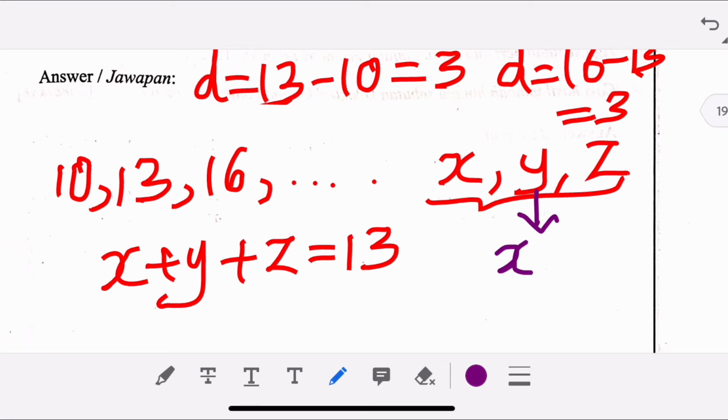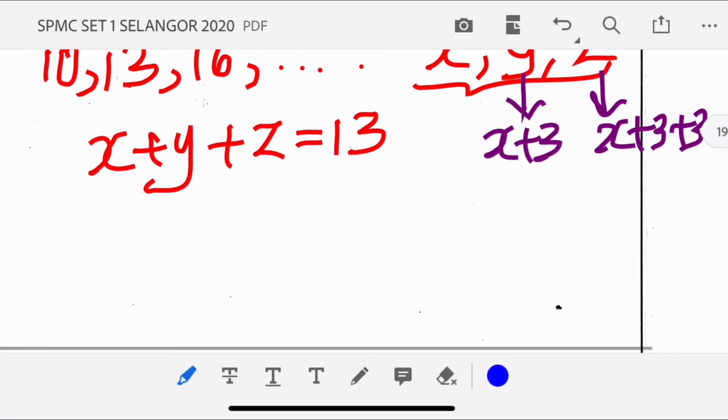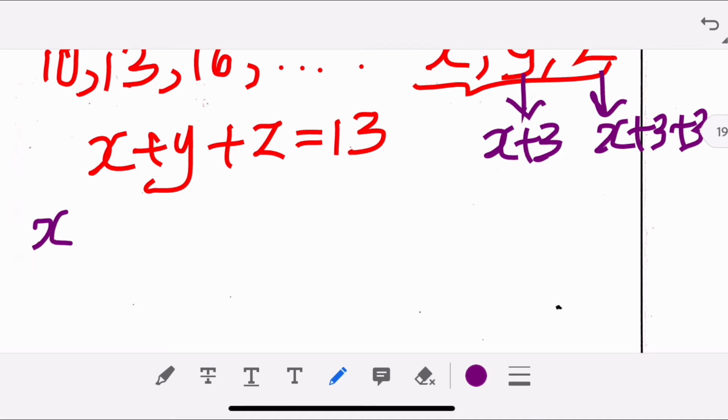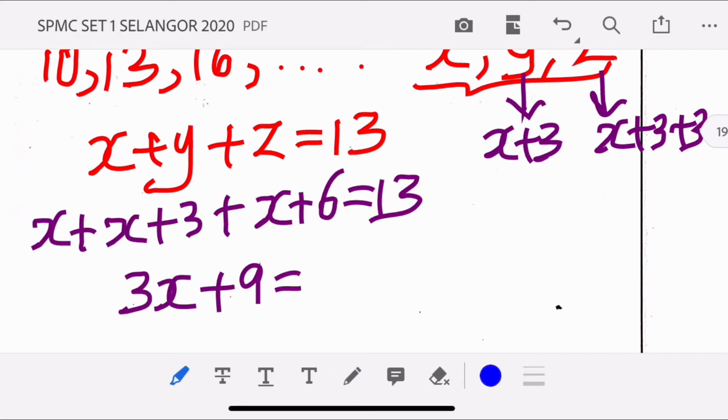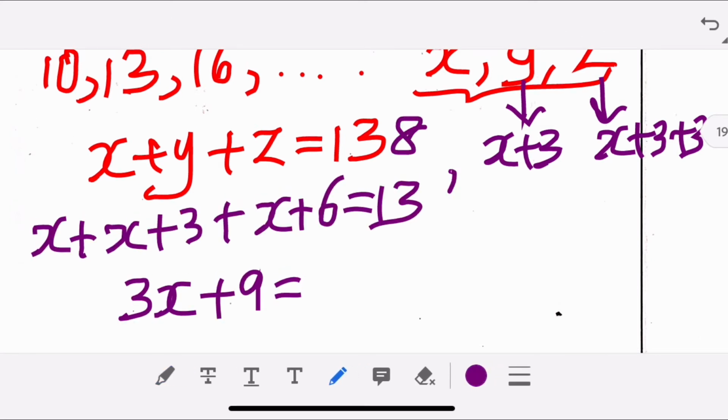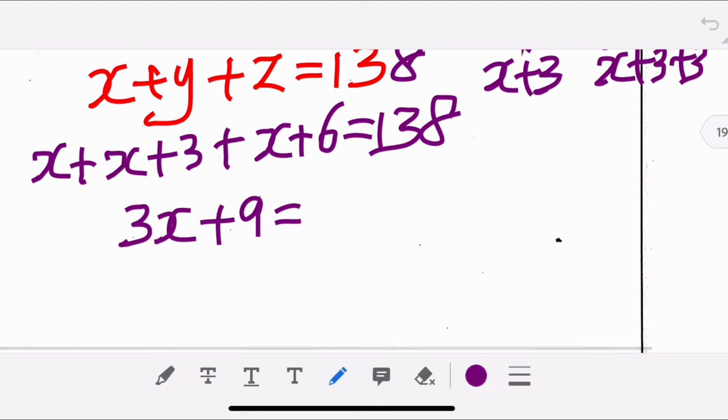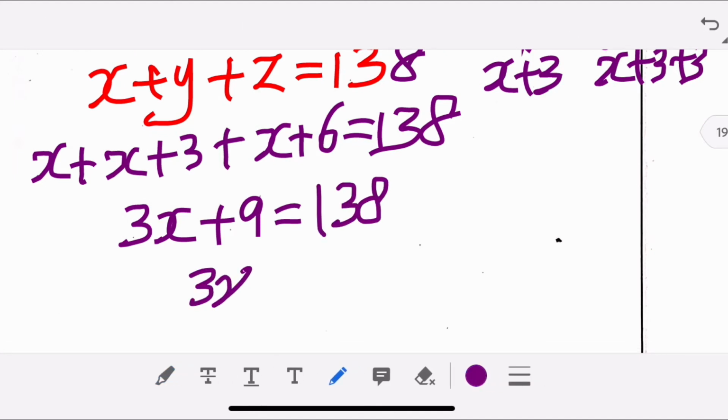But we actually have a relationship between every term. This is x, plus 3, and this is x plus 3 plus 3, right? Because of the arithmetic progression. So instead of writing x plus y, we write x, x plus 3 and x plus 6. So 3x plus 9 is equal to 138. So 3x is 138 minus 9, divided by 3, right?